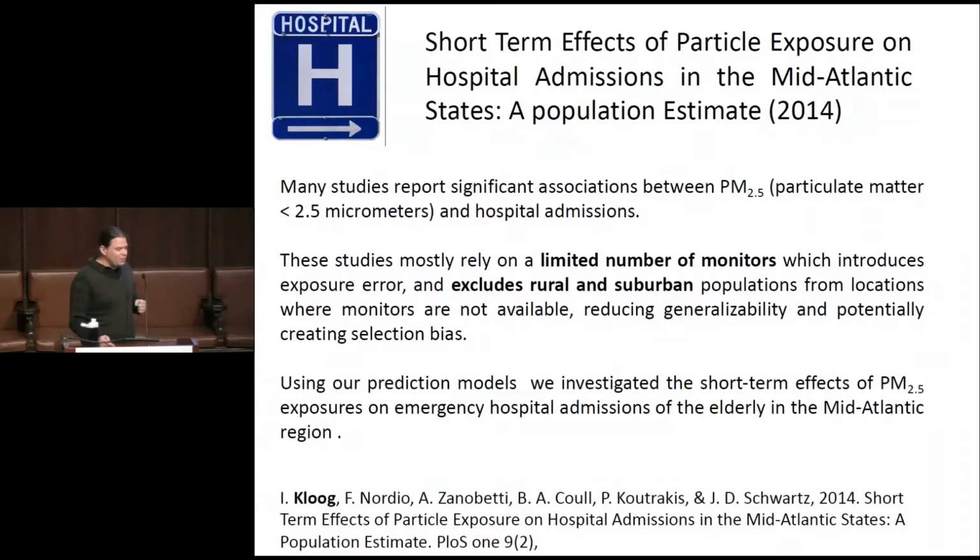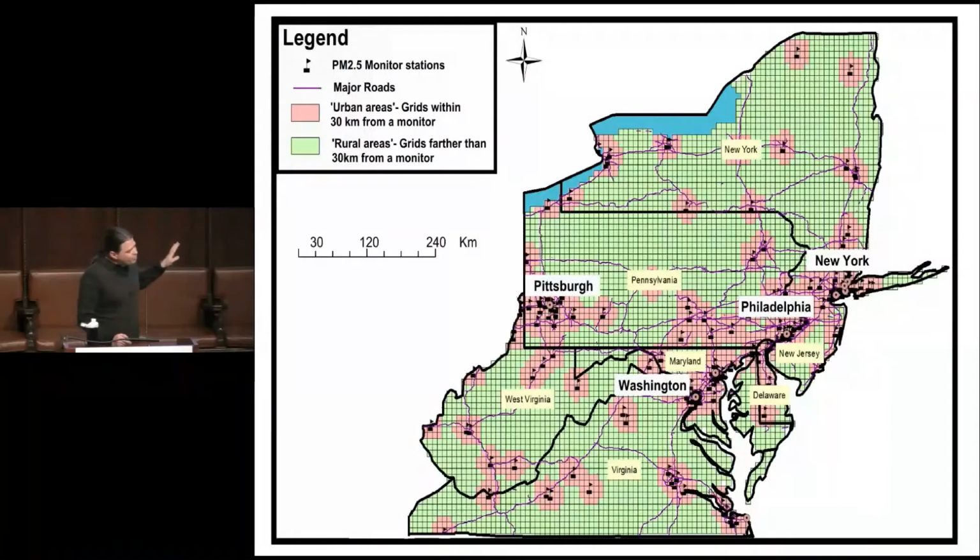Using our prediction models, we investigated the short-term effects of PM2.5 exposures on emergency hospital admissions of the elderly in the Mid-Atlantic region using the Medicare data. I put this figure to show how usually studies are done. If you have monitoring stations, you usually create buffers around them. The monitoring stations are denoted as black flags. And I created these buffers of 30 kilometers to show how some studies that don't have access to these new hybrid models or spatiotemporally resolved models assign exposure.